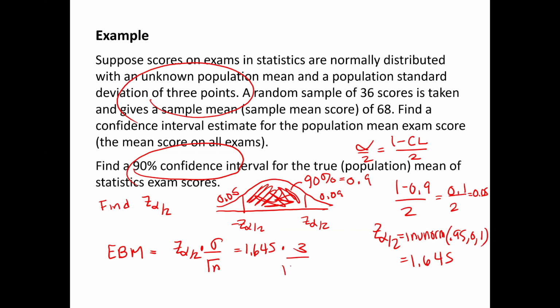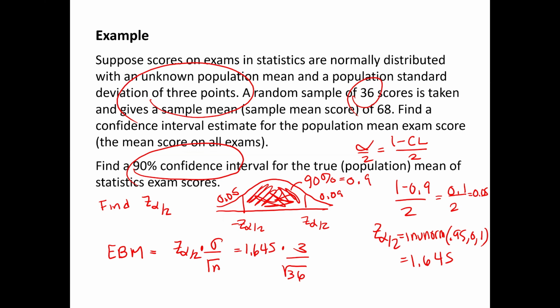Divided by, my sample was what, 36? So once you calculate the Z value using the normal distribution, you can just multiply that by 3, the standard deviation, and divide that by the square root of 36. I happen to know the square root of 36 is 6, but if you don't know that, that's fine.